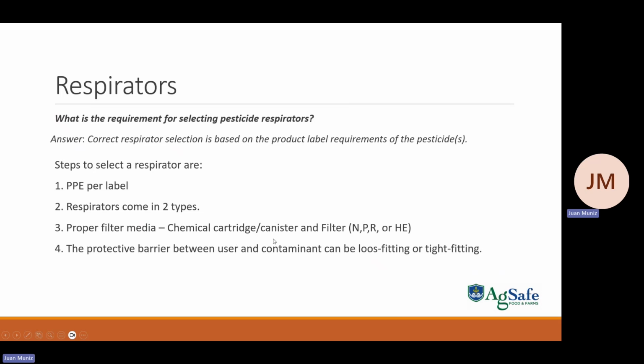They have either cartridges or canisters, depending on whether it's an organic canister requirement, or an organic cartridge, or canisters, usually for fumigants. And filter types, which we mentioned earlier, the N, R, P or high efficiency filters, filter media. And 4, the protective barrier between user and contaminant can be loose fitting or tight fitting.